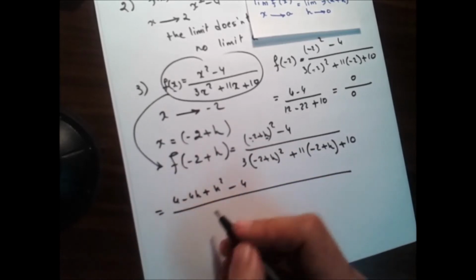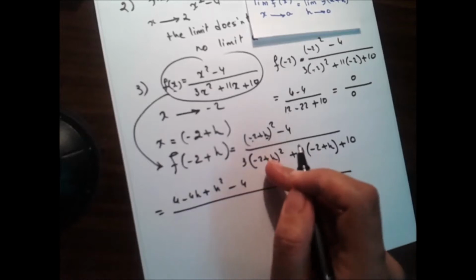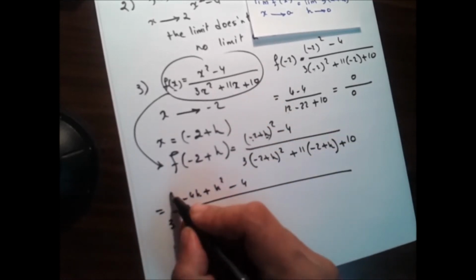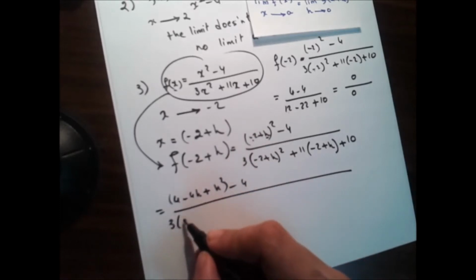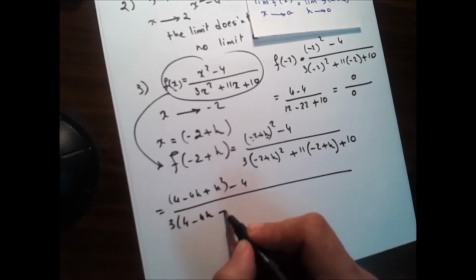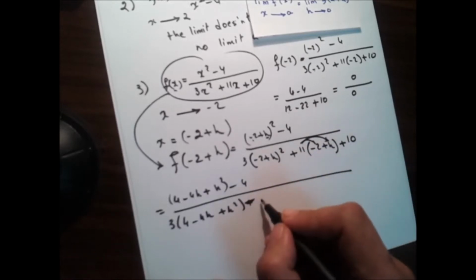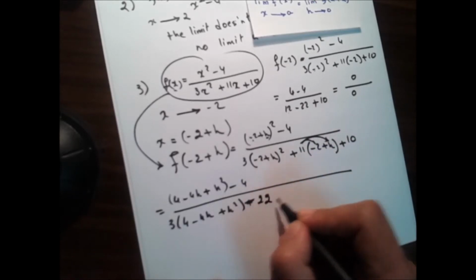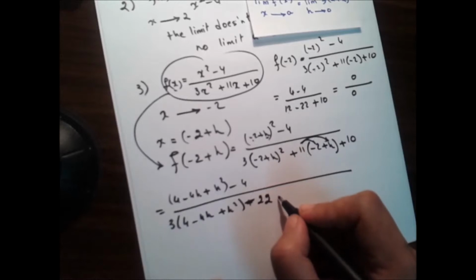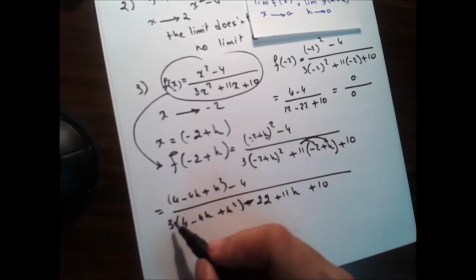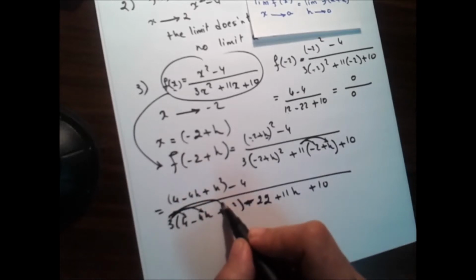We can safely remove the bracket. Now this is the same as this, so we don't need to repeat it. So 3 times the same quantity, so 3 times (4 minus 4h plus h squared), so minus negative 2 times 11 to be negative 22, and 11 times h to be plus 11h and plus 10. Now simplify by distribution.